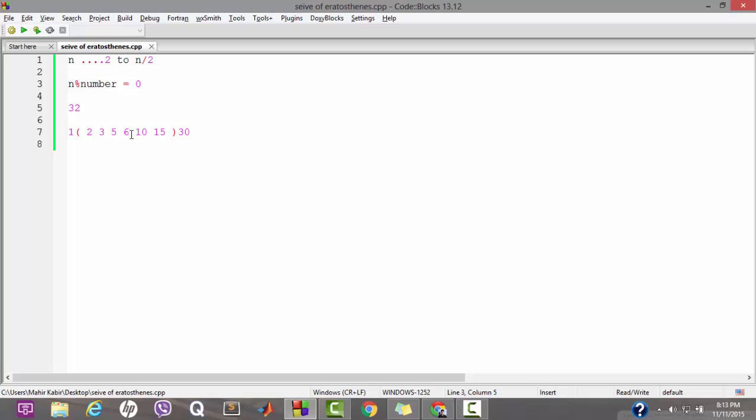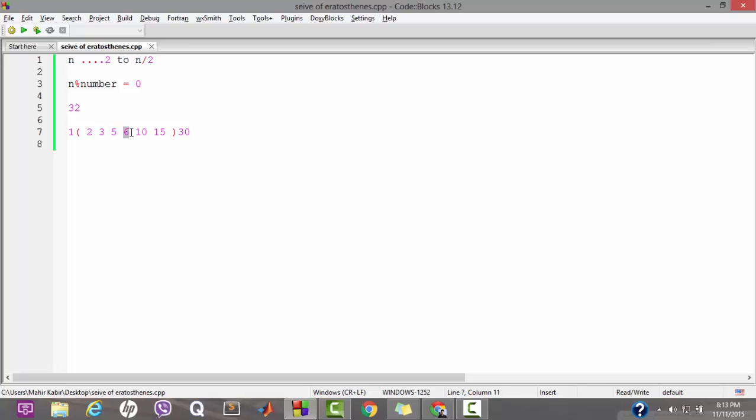Okay, here we cannot get 2 from any of the previous numbers. No matter what operation we make on the previous numbers, we won't get 2. By any type of multiplication, we won't get 2. Same goes for 3, same goes for 5. But here is the thing.